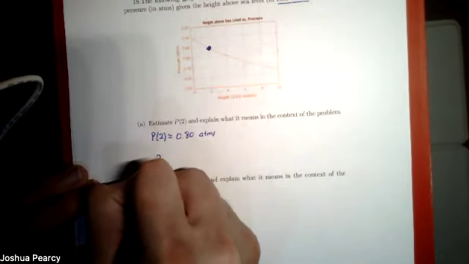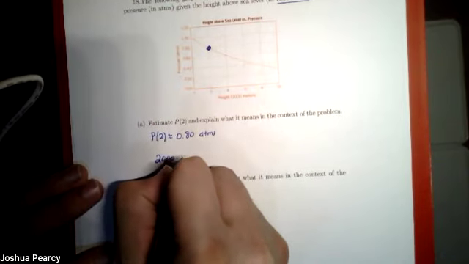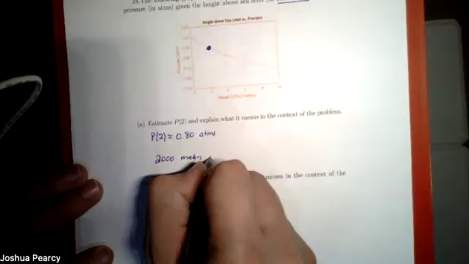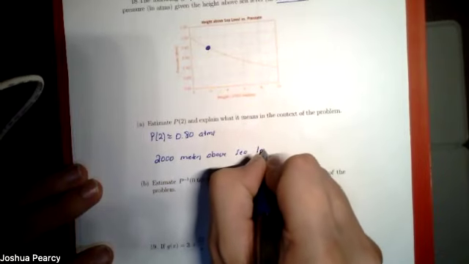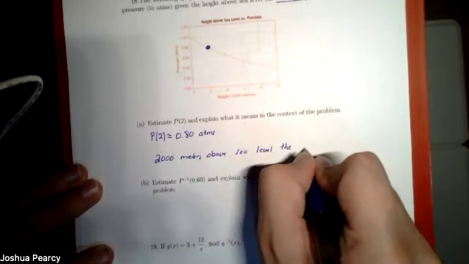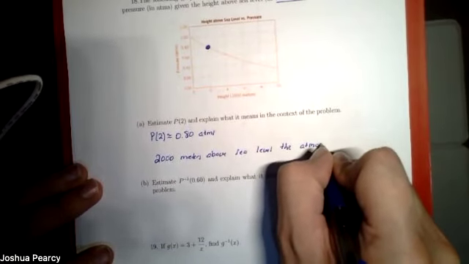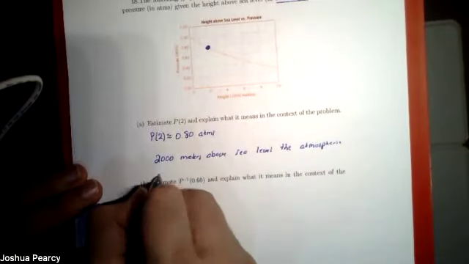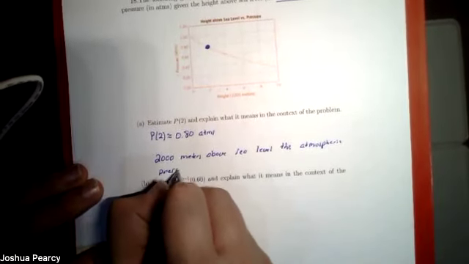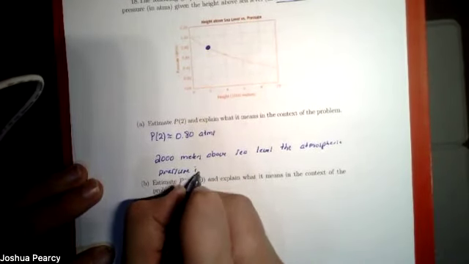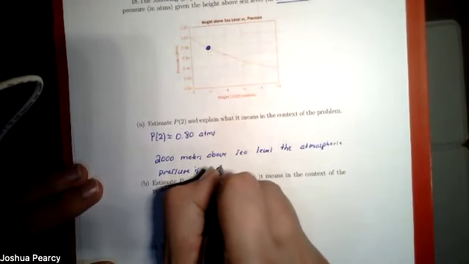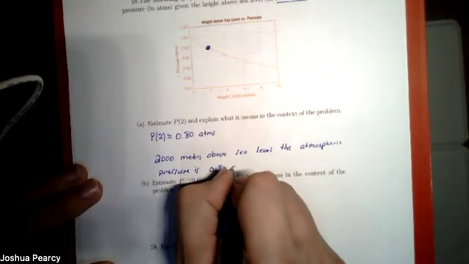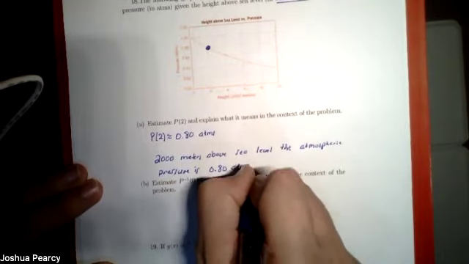So we could say that 2,000 meters above sea level, the atmospheric pressure is 0.80 atmospheres. That would be how you interpret that one there.